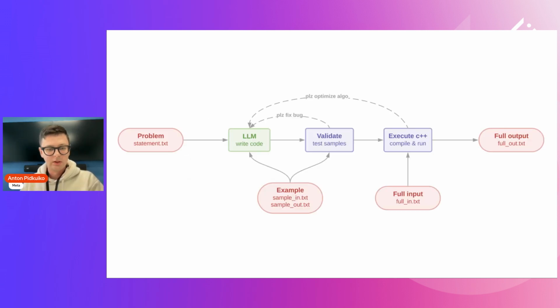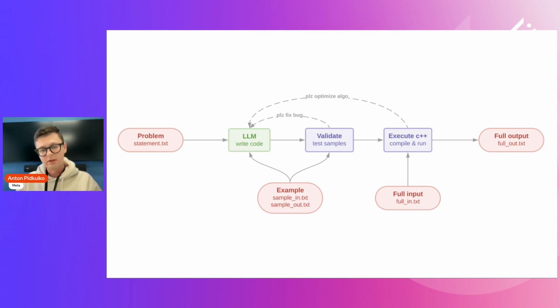First step, what we can do after writing the code, before executing on the full data set, is use the sample input and output to check if it's correct. And also, if something is wrong, the sample answer is wrong, or there's a compilation error, or it takes too long to execute, we can use a kind of feedback loop.